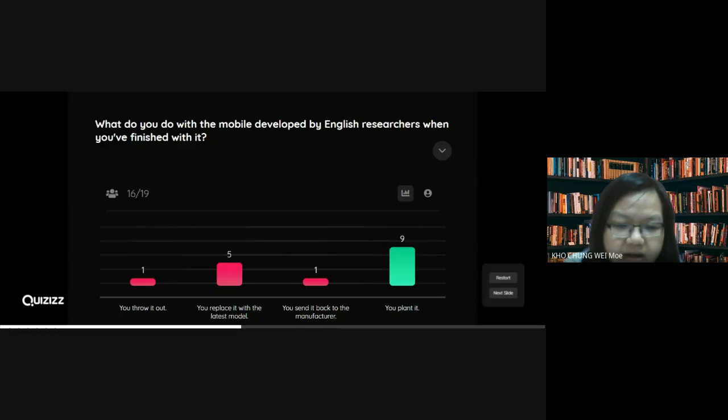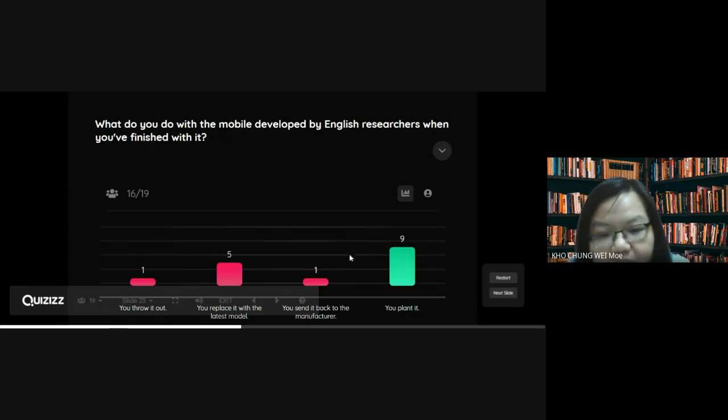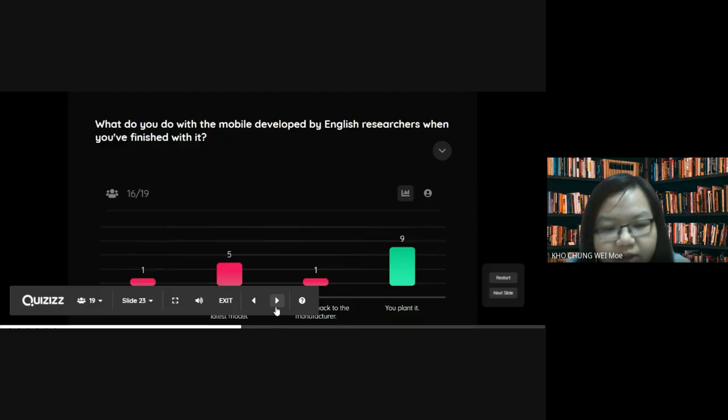All right, well, throw it out is possible, but that is not what you're supposed to do with it. And you send it back to the manufacturer, that is not mentioned in the text. Okay, so the 7 of you got distracted, only 9 of you got it correct. Not bad. We'll move on to the last question for this paragraph.